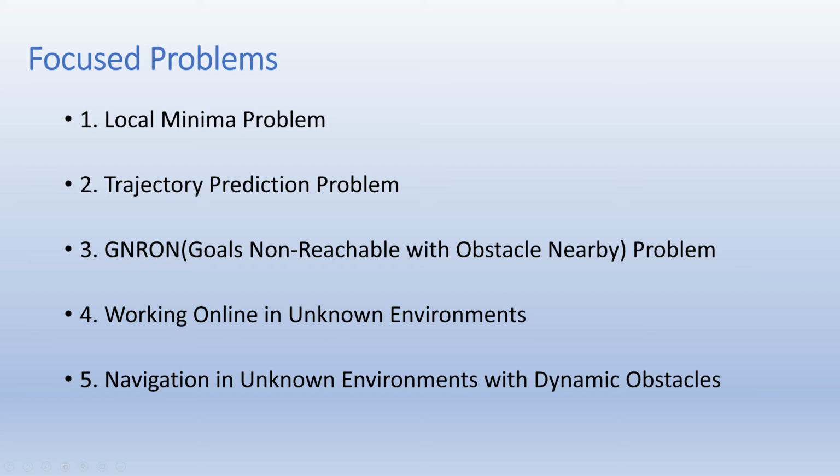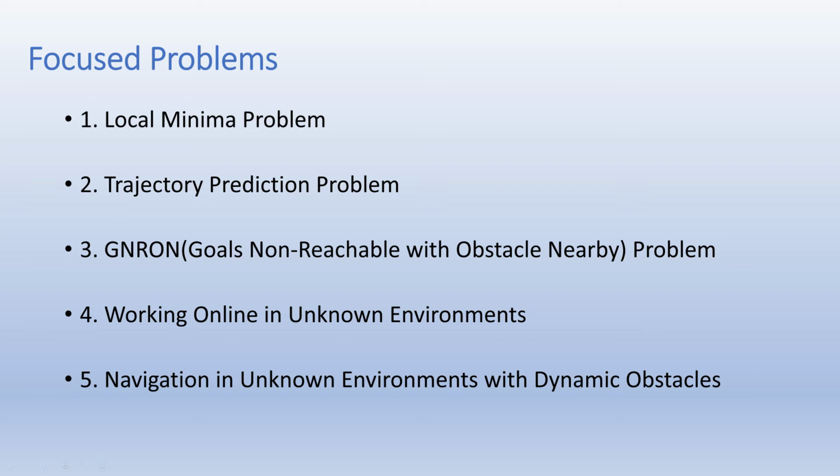Okay, that was the theoretical part, and next I want to talk about the experiment part. Actually, in this paper, there are 5 focused problems for comparing how much better BPF performs than the other algorithms, and the problems are all about robot motion planning.